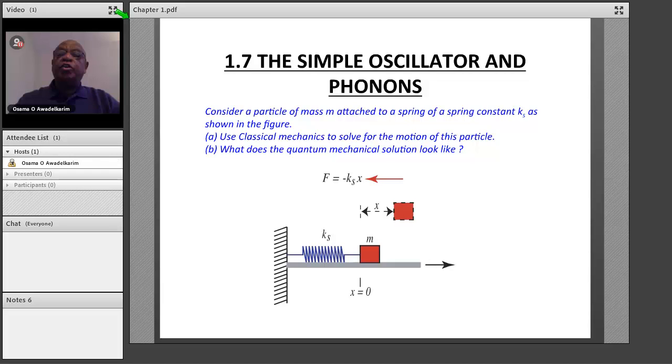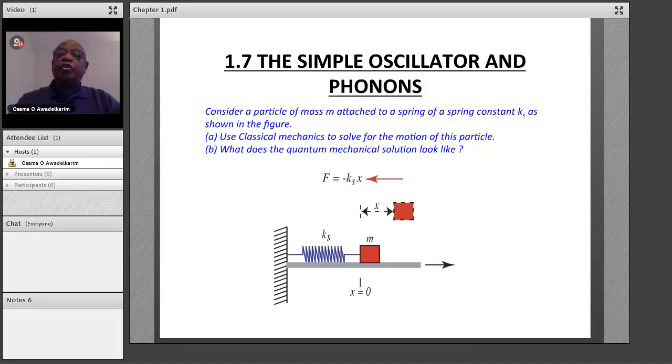And if you remember from your classical mechanics, this is a very famous problem that we have here. This problem is that of the oscillator, what we call the harmonic oscillator.